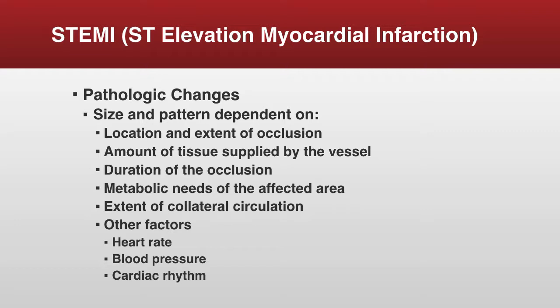So if you have an area where there's several vessels that supply that area, then you probably aren't going to have as much damage to that area as if you have an occlusion above one of the main part of those collateral vessels, so that there are no collateral vessels supplying the area.